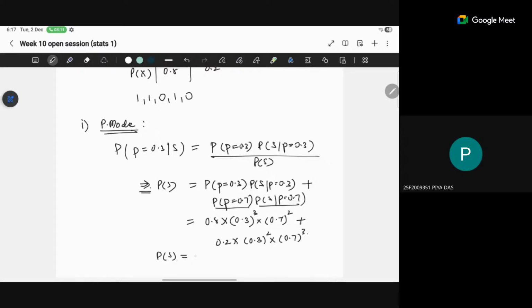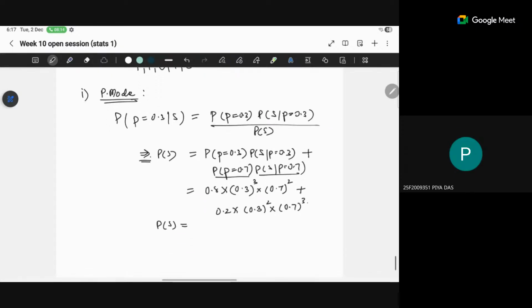So can you guys tell me this answer? What is the probability of S? 0.016758.